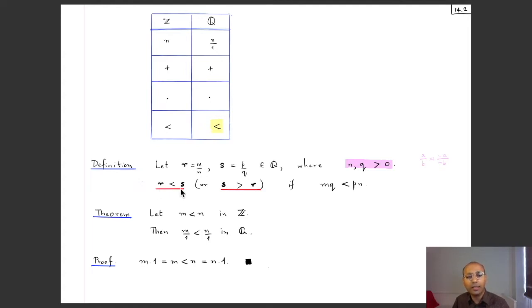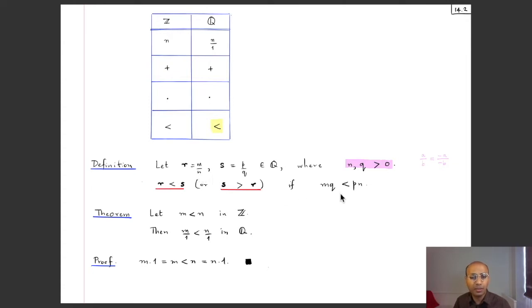So R is strictly less than S if the following happens, namely, having chosen such representatives, mq is strictly less than pn. Now, of course, there may be many representatives in which the n is positive, and so we still have to check well-definedness, which we'll do in a moment.